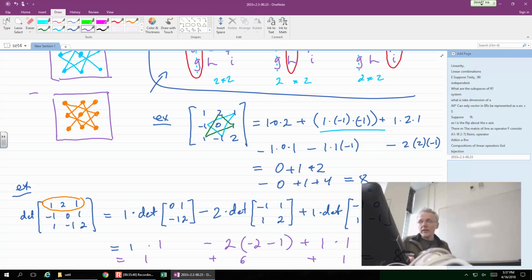So, like I said, it is a sum of the products of 3 elements of the matrix, chosen in such a way that there is one from each row and one in each column, with the signs.